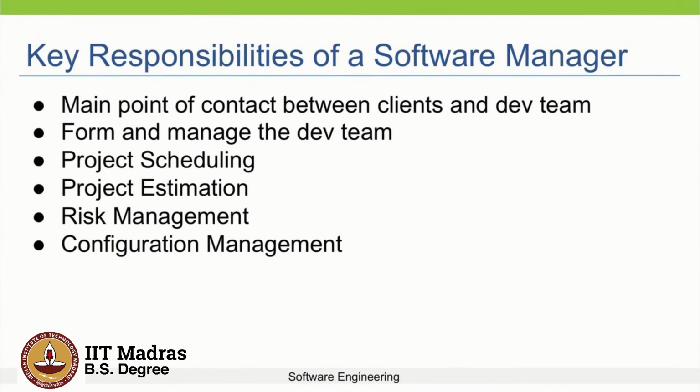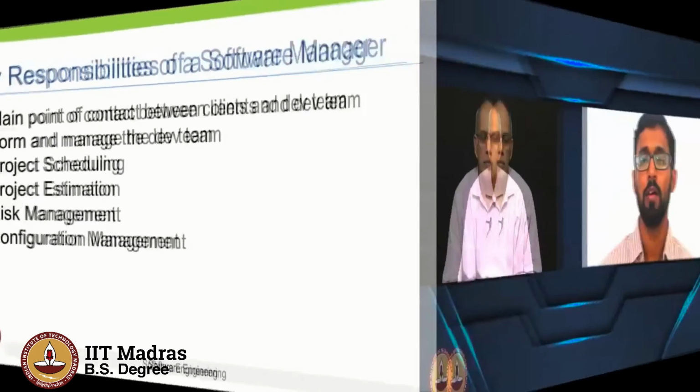To summarize, in software project management, the key responsibilities of a software project manager are: the manager is the main point of contact between clients and the development team. The manager is responsible to form and manage the development team, take care of scheduling, estimation, risk management, configuration management, and ensure that the product is delivered in a timely and within-cost manner.